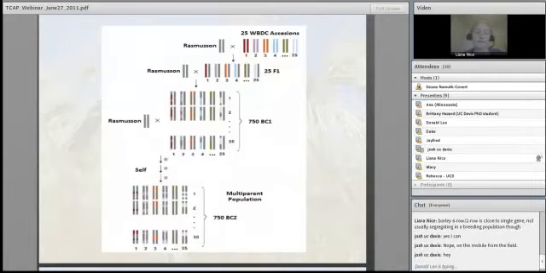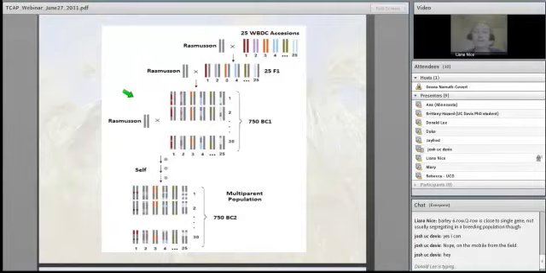And here's a schematic like the NAM schematic. So instead of just selfing out the F1s into RILs, I've actually performed 2 backcrosses, and you can see this is quite a bit of work to get 750 crosses in barley.